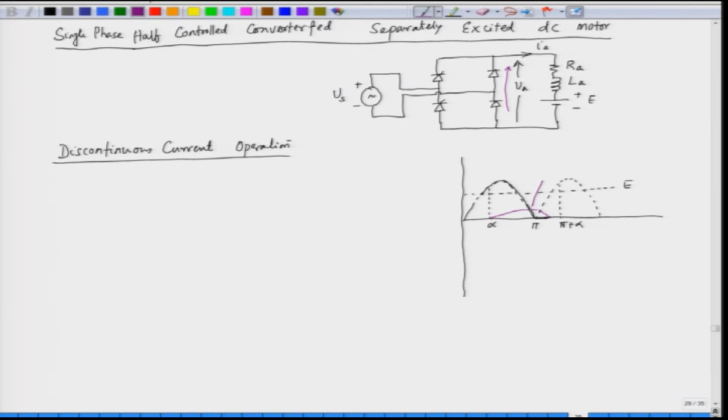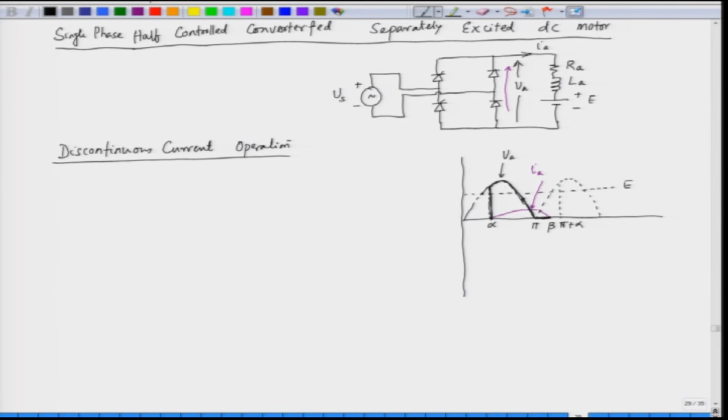This is I A and this voltage is V A. This is how the voltage changes, and from here the voltage will be 0, and when the current is equal to 0, this angle is called the extinction angle, that is beta, as before.